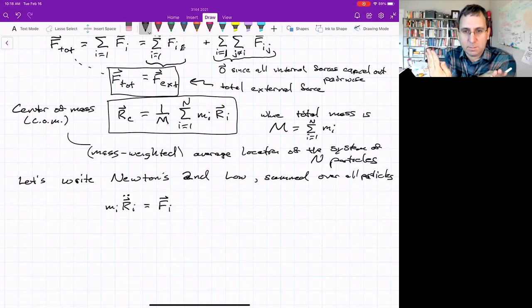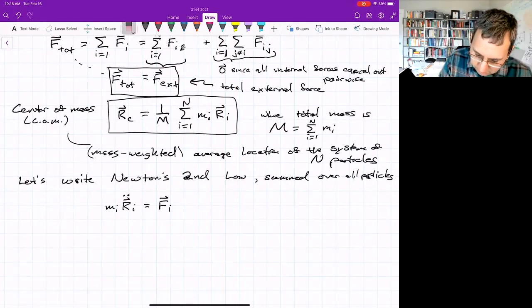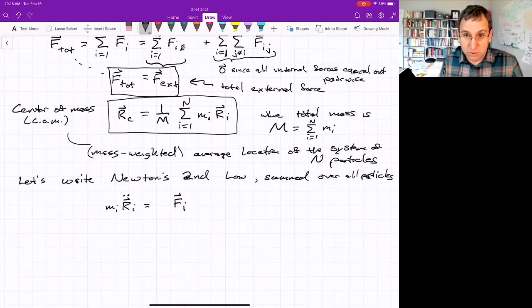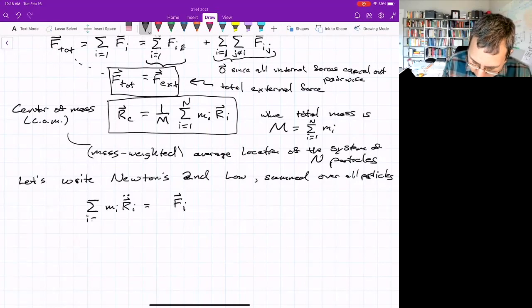Now I just flipped it. Mass times acceleration equals the total force on each particle. What if I just sum? I'm going to move this over so I can take a sum. So this is true for each particle. It's also true if I now sum over all of the particles, so sum from 1 to N.